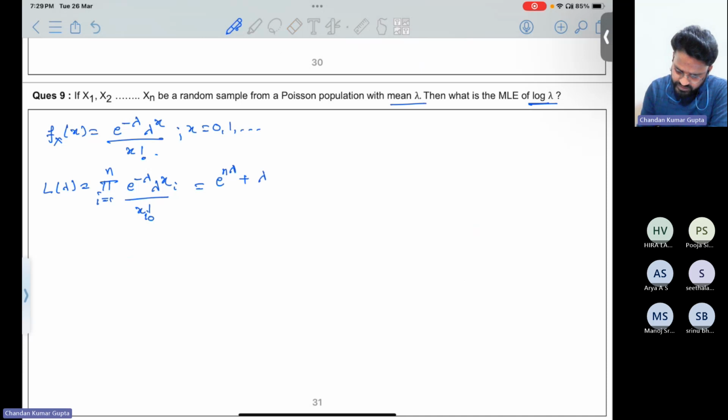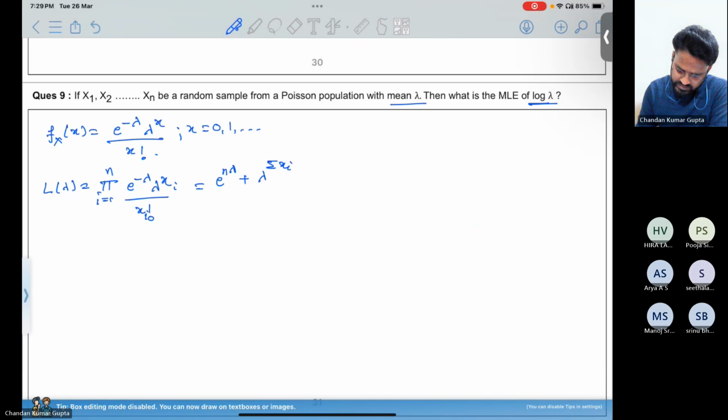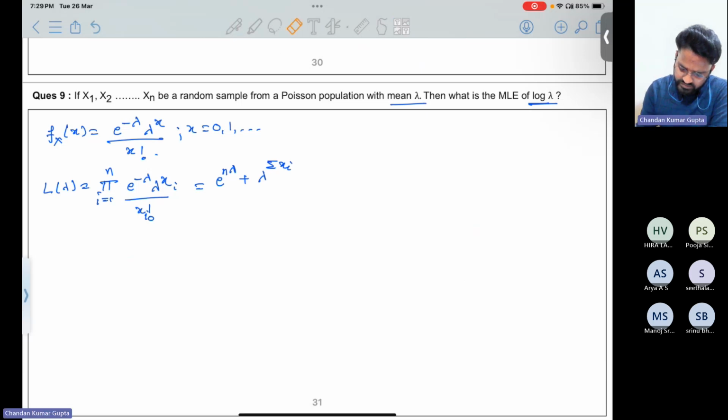It is lambda to the power summation xi. Okay, I think I'm making a mistake by considering both simultaneously. The first is to multiply these terms: e to the power minus n lambda, lambda to the power summation of xi, upon product of xi factorial.